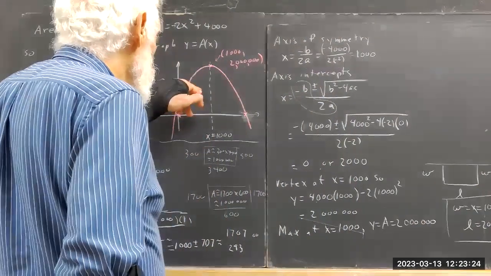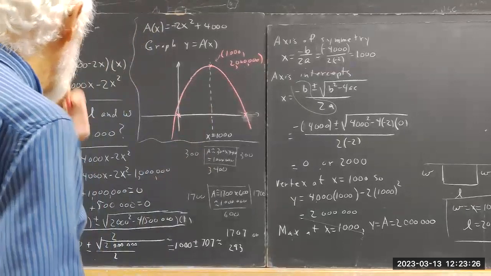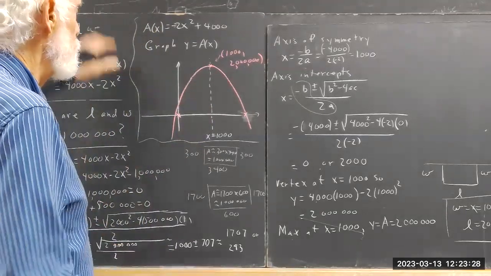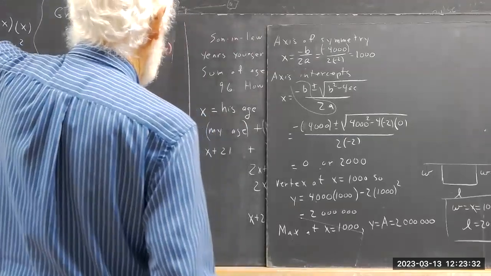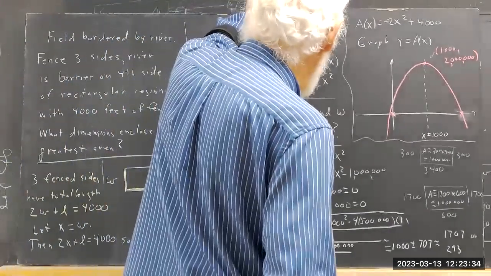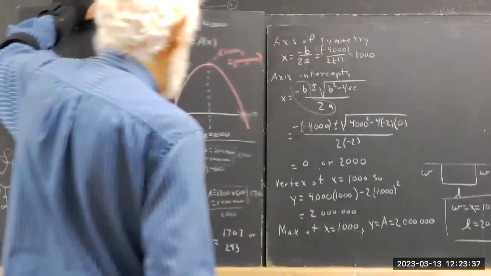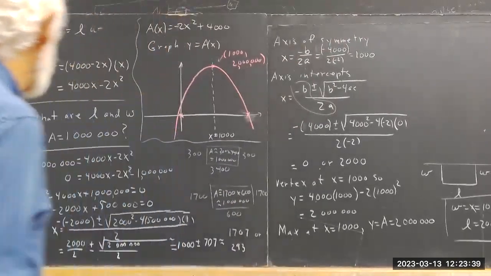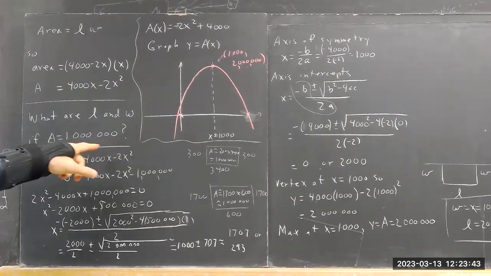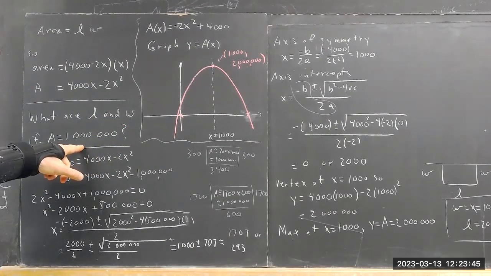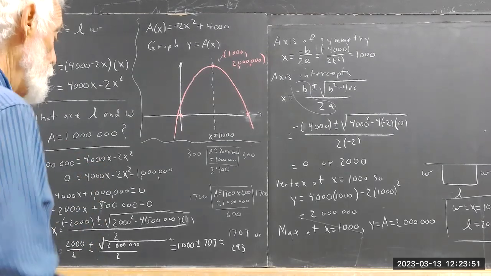Another bonus. Previously, we figured out what the length and width ought to be if the area is 1 million, sorry, not 1,000.